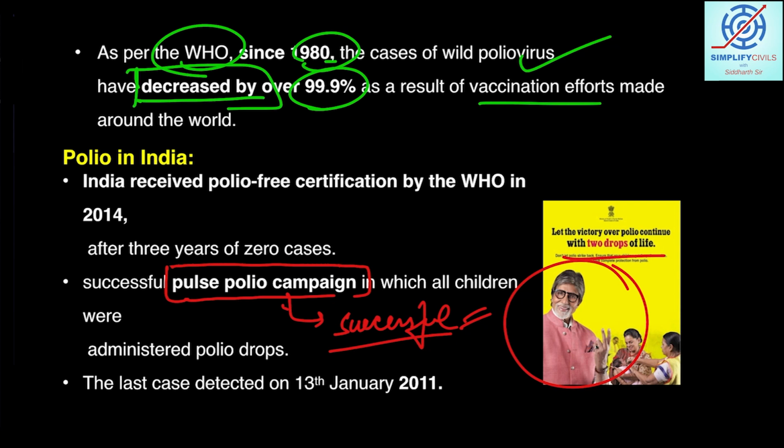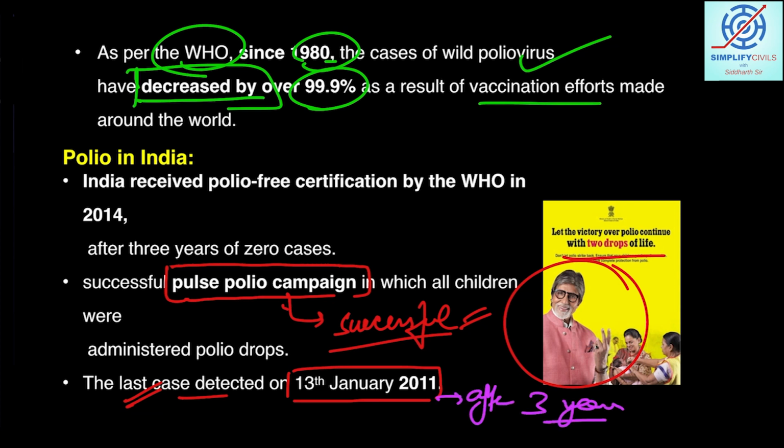When did India receive the polio free tag? It was in January 2011 when the last case was detected, and then after 3 years, because 3 years is the buffer period where the certifying body observes whether any further cases are coming or not, in 2014 India received polio free certification by WHO.